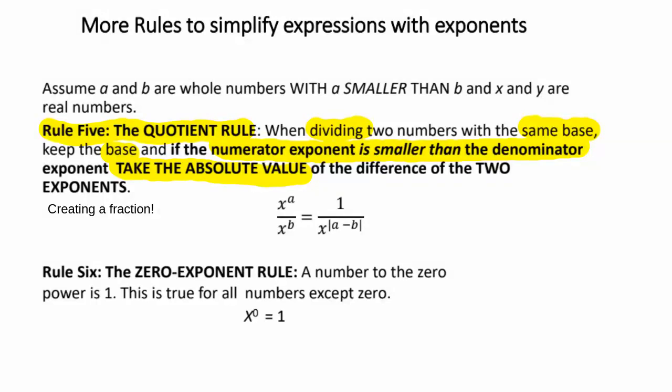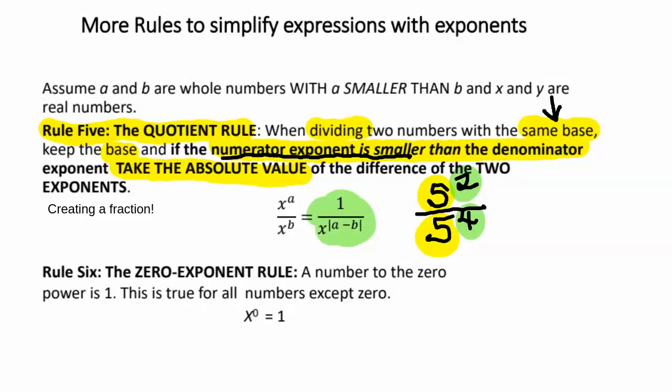This time, I have 5 to the power of 2 over 5 to the power of 4. Now, my bases are the same. Notice they're the same. But my numerator exponent is smaller. Notice right here, this 2 is smaller than 4. Well, that means I'm creating this fraction.